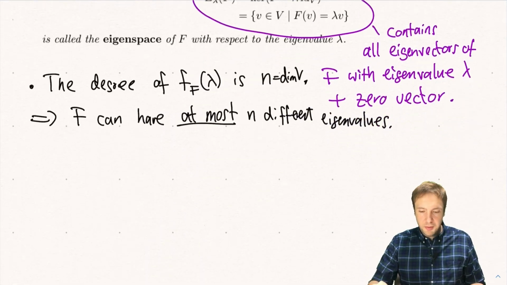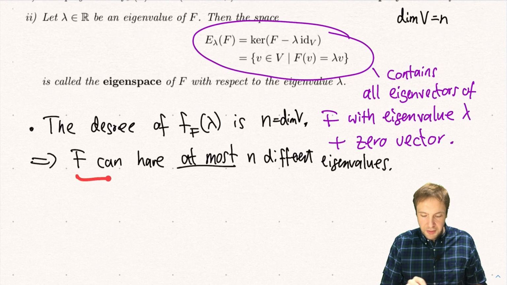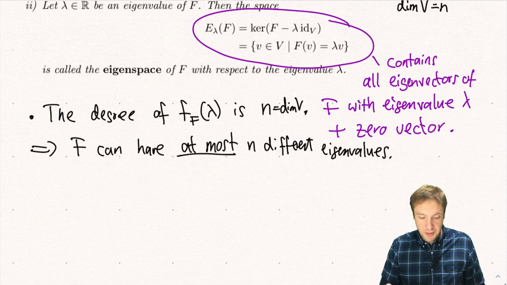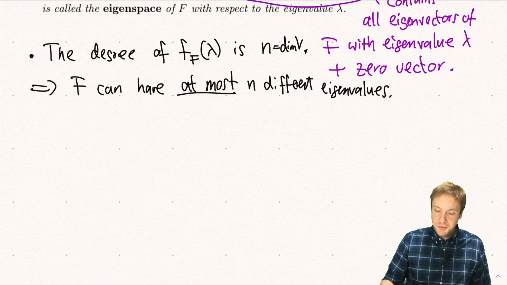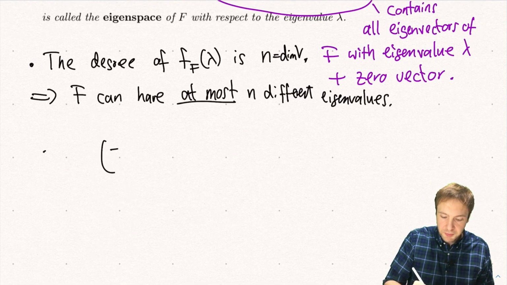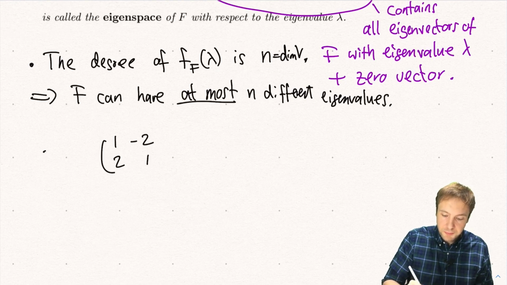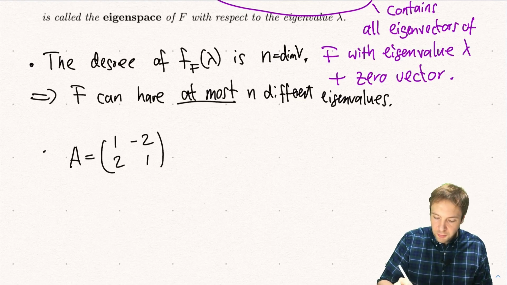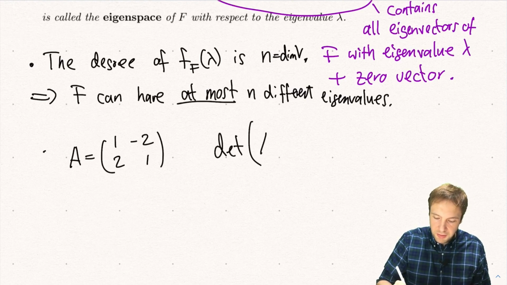So f can have at most n different eigenvalues, but it could also be the case that this polynomial actually has no zeros, so f could have no eigenvalues. For example, take this matrix A with rows 1, minus 2 and 2, 1. What is the determinant of A minus lambda I2?